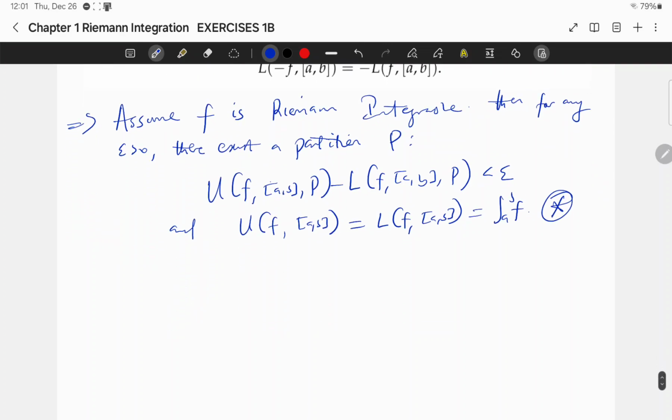So now we want to show L of minus f on a, b. So this is equal to what?